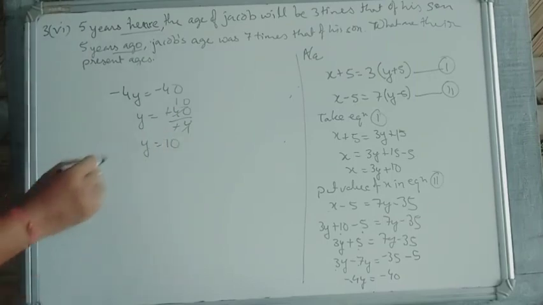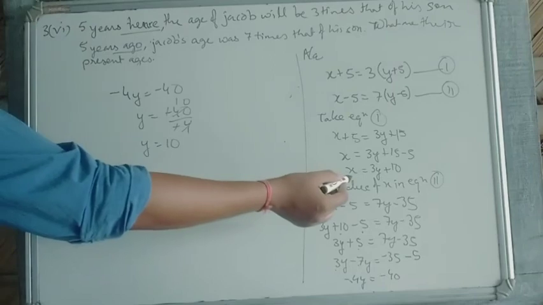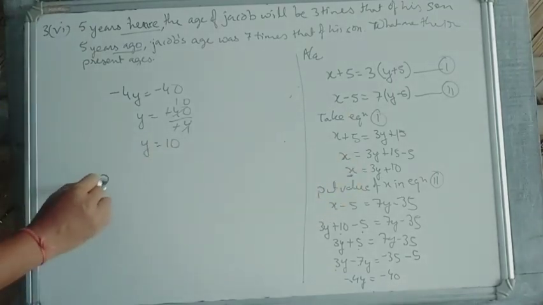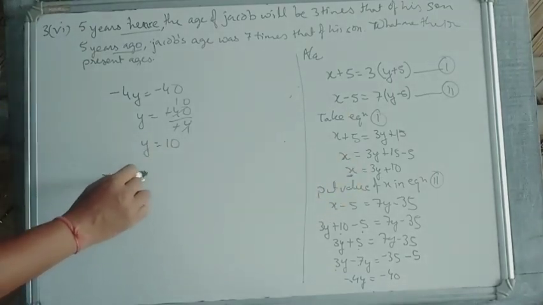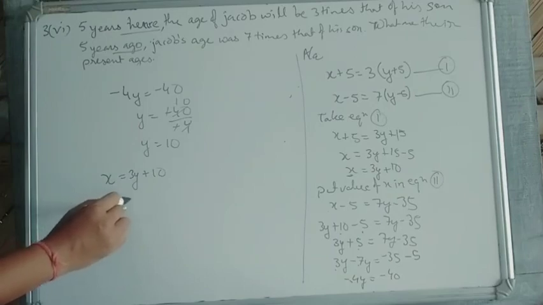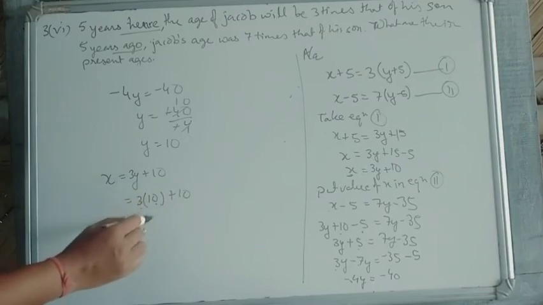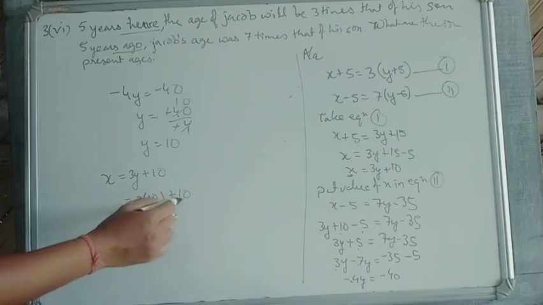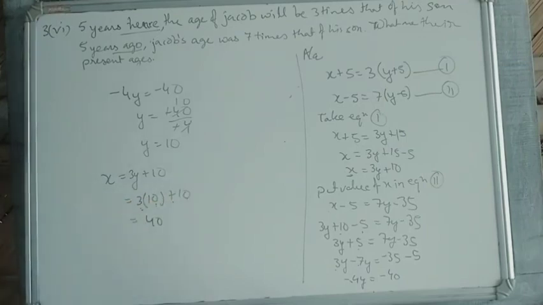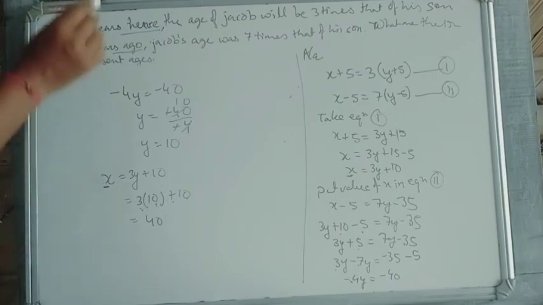Now we have to get the x value also. So x will be what? In this equation we have x equal to 3y plus 10, which will be equal to 3 times y, your 10, plus 10. 10 3s are 30, 30 plus 10, 40. Okay. So what is your x? x was Jacob's age.